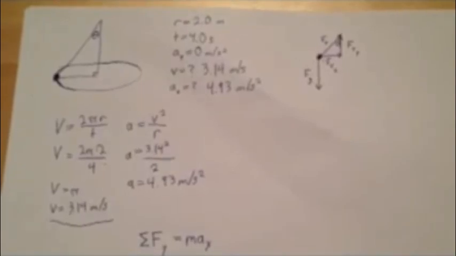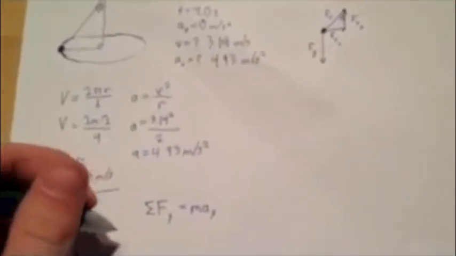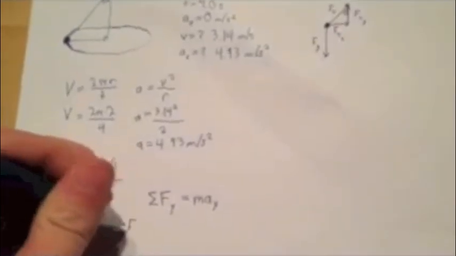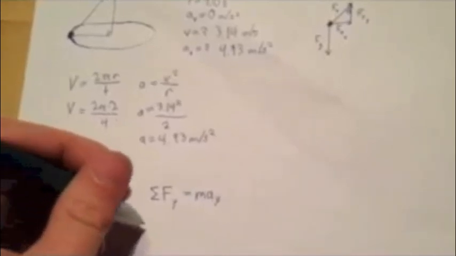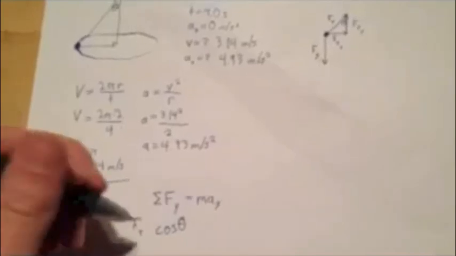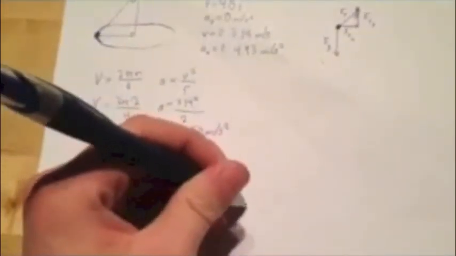Now that we have all that we need to solve for the angle, we can plug it into our net force equation, which is the force of tension times the cosine of theta, which comes from the y component of tension, minus the force of gravity, is equal to mass times acceleration of y.